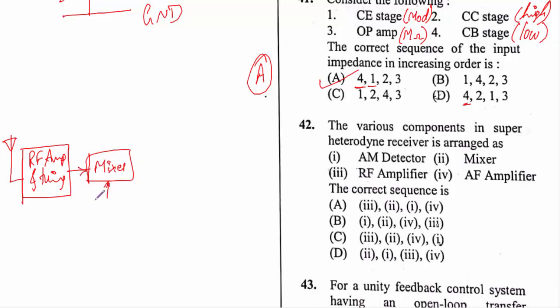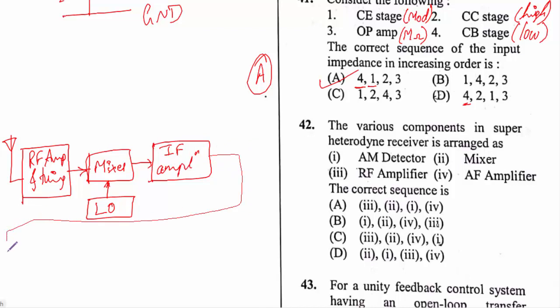For this mixer, you are going to provide a local oscillator. This one you are going to do in order to remove the carrier components. Followed by you will be having IF amplifier. This block is followed by demodulator.